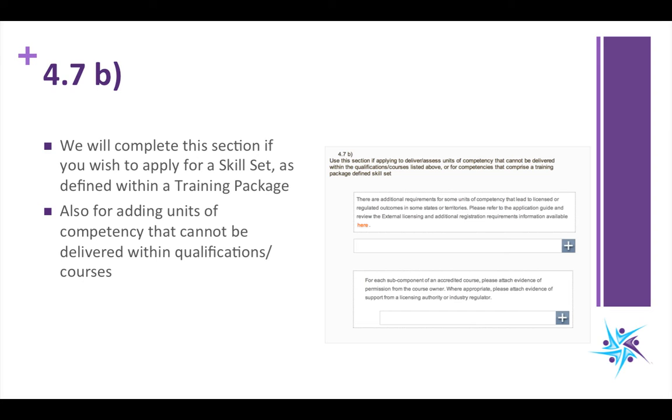So you'll need to list that separately from the full qualifications so that you can offer that, because you're going to have to meet the licensing requirements for that single unit. So it's really important that you include all of that information for extra units that you may want to offer within a qualification. Once again, your CLO can assist you with this.